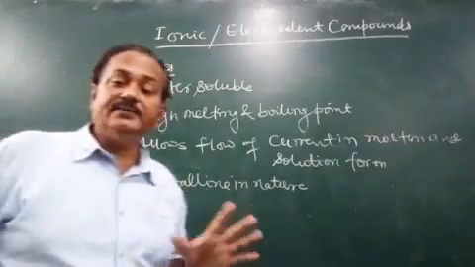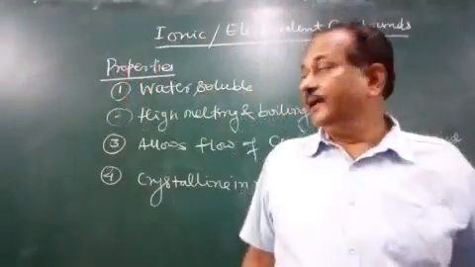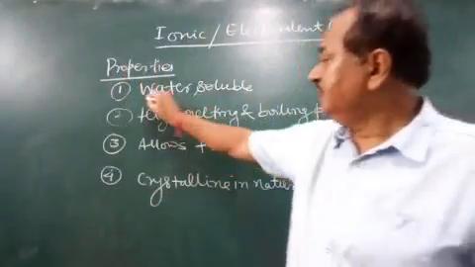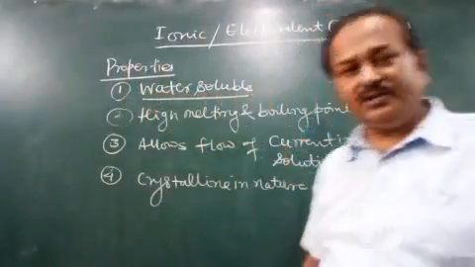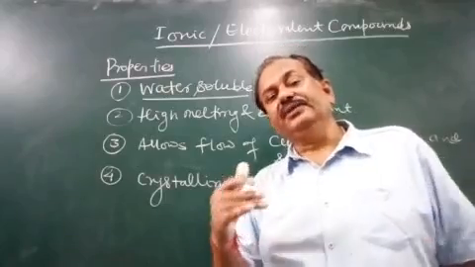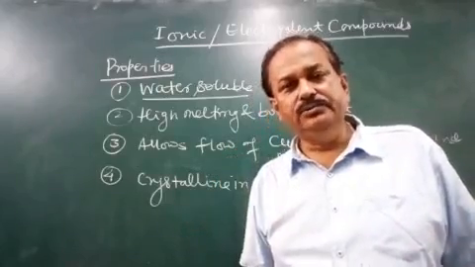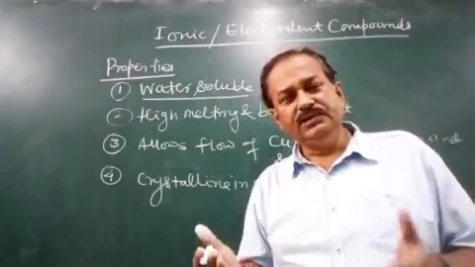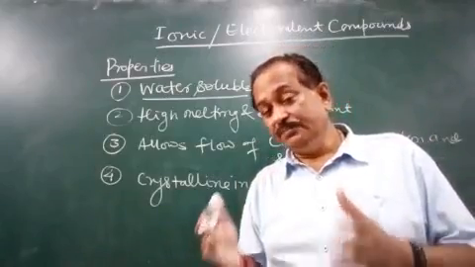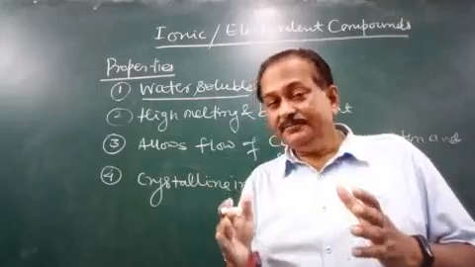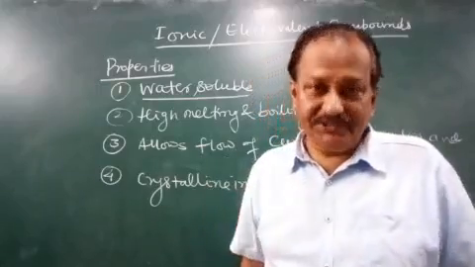Ionic compounds have some properties. The first point is that ionic compounds are water soluble. This means when we dissolve an ionic compound like common salt, it will dissolve because water is polar in nature.